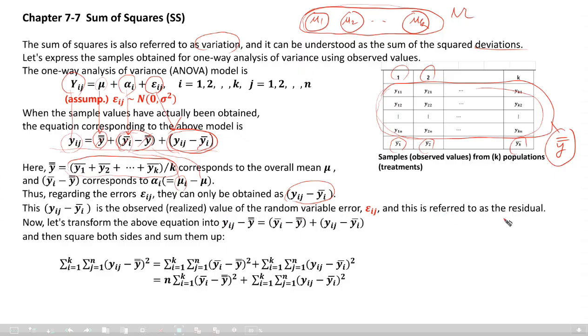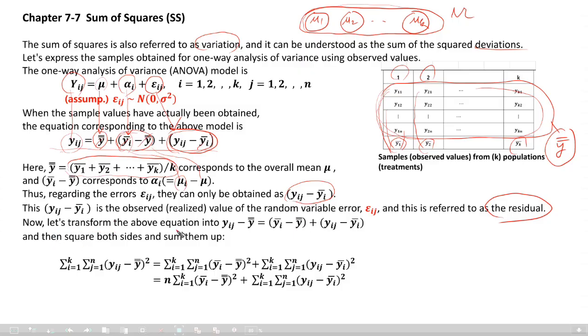This is referred to as the residual. Different terminology, different naming. Residual is what? y11 minus y1 bar, y12 minus y1 bar, y1n minus y1 bar. For here, y21 minus y2 bar, something like that. So those values are called residuals.